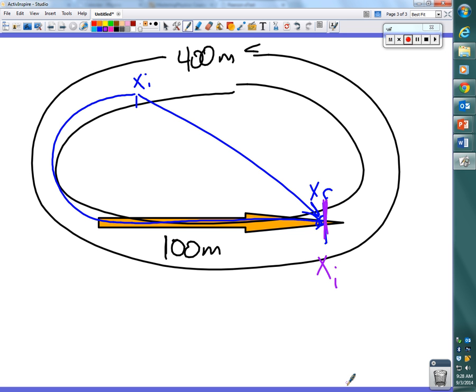Right now, the only thing I want you to know is that it's less than 200 meters. Do you get that? Because it's a 200-meter race. But when we talk about displacement, we're only concerned about the distance between where we started and where we finished.